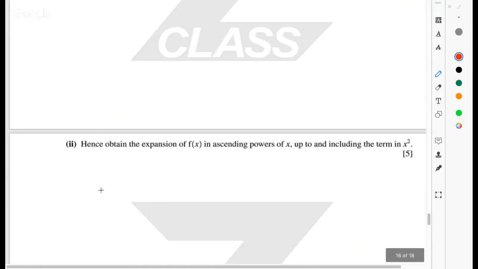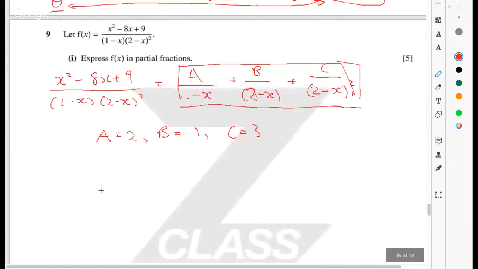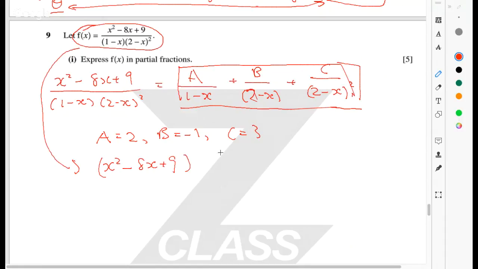Hence obtain the expansion of f of x in ascending powers of x up to and including the term in x squared. So I guess the second part of the question is really telling you how doing partial fractions might be useful. If I just tell you to expand f of x in ascending powers of x, you would take out the numerator, which stays the same, and then you have to expand 1 minus x to the minus 1 and 2 minus x to the minus 2.